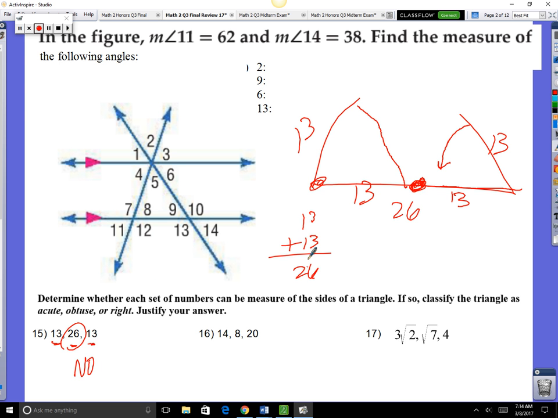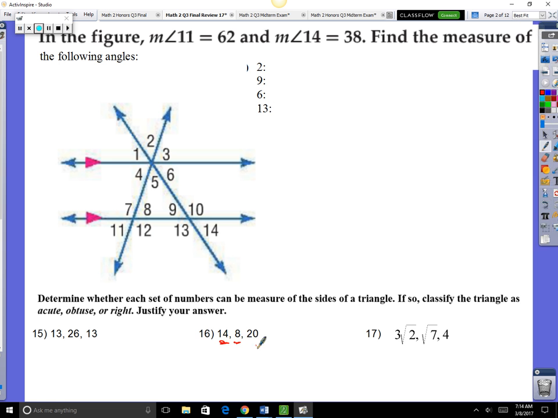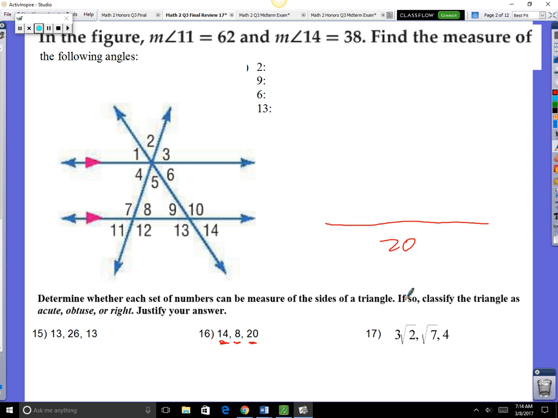The rule is, if you find your biggest piece, your 2 small pieces have to add and be greater than the base. So this middle one, the biggest of these 3 is going to be 20. So I'm going to make 20 my base.